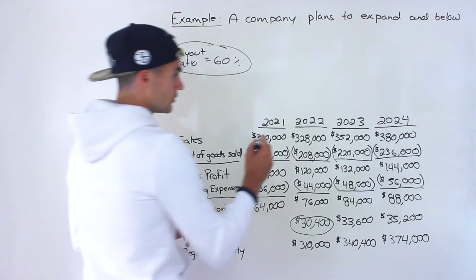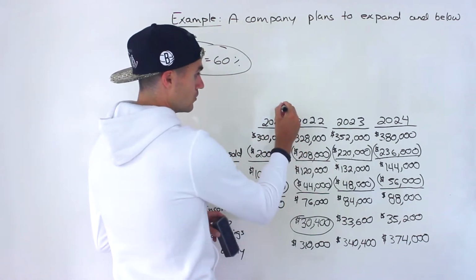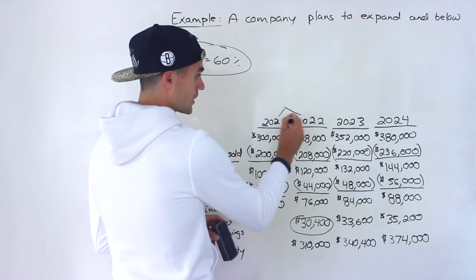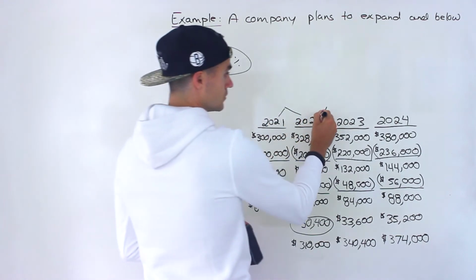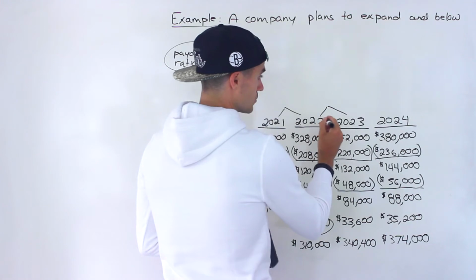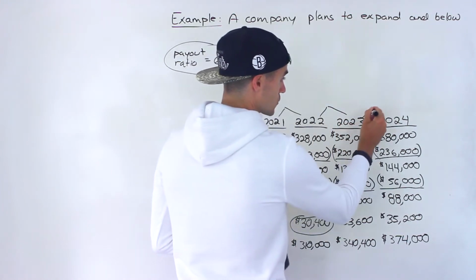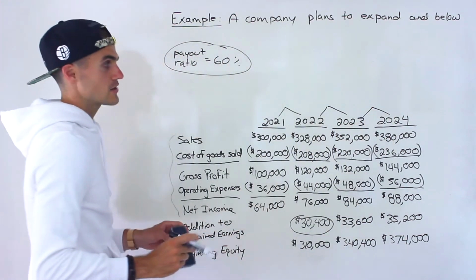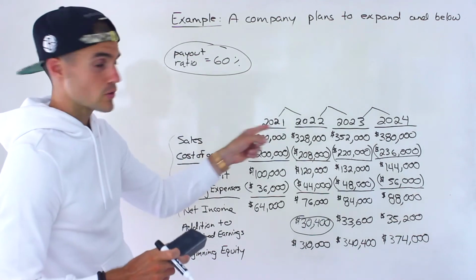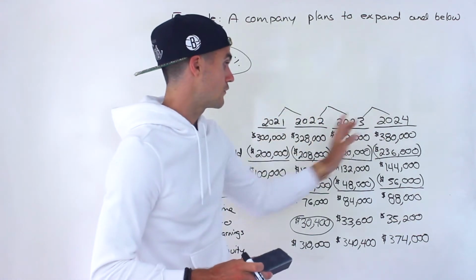Notice that we can figure out the growth rate between 2021 and 2022, 2022 and 2023, and then 2023 and 2024. We could figure out 3 growth rates of these sales.